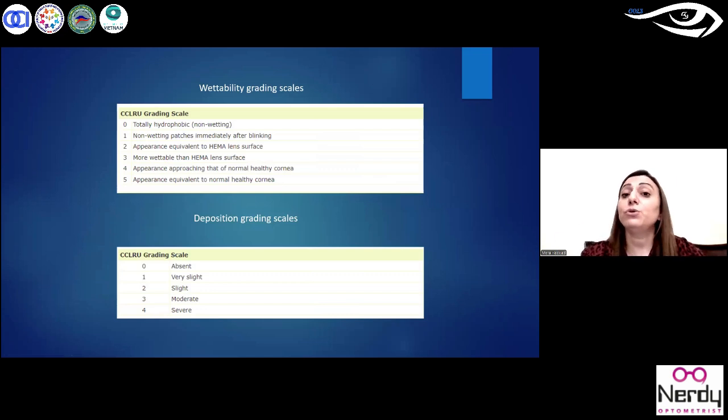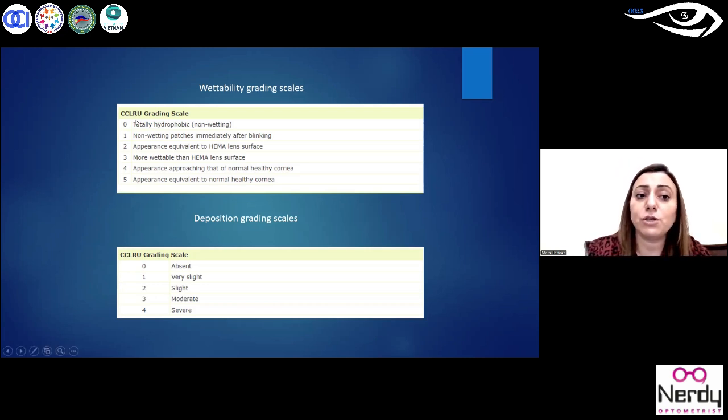There's another method using the slit lamp biomicroscope, which is using grading scales. If you are aware of grading scales for contact lens complications, there is a very good grading scale by the Cornea and Contact Lens Research Unit in Canada. They developed a grading scale for wettability and deposition as well.